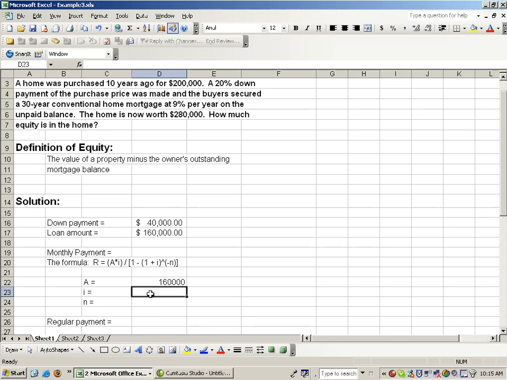I is the interest rate per conversion period, so it's 9%, and it's compounded monthly, so divide by 12. And N is equal to 30 years of payments times 12 times a year, 360 in all. All right, let's find the regular payment amount.